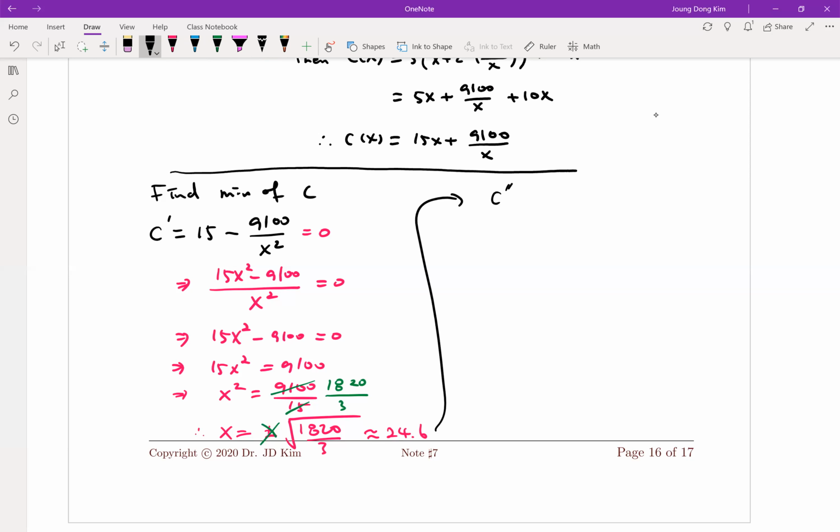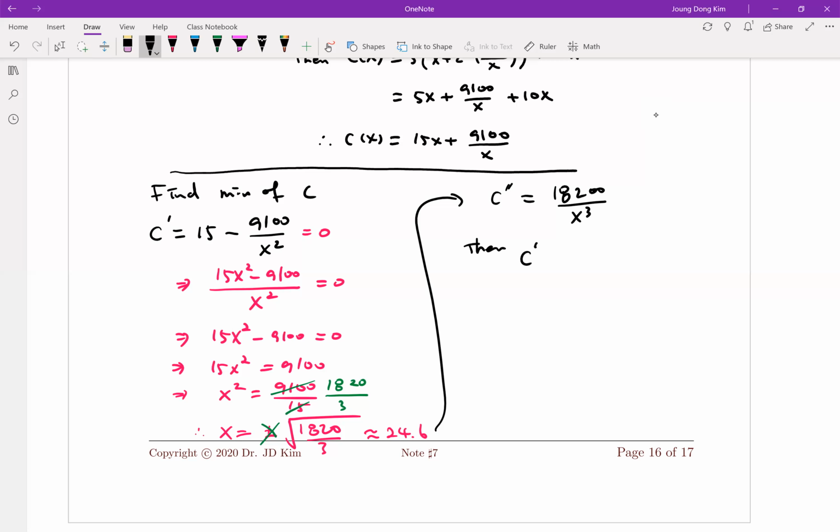The derivative of 15 is 0, and the second part, minus 9,100 over x squared, can be written as minus 9,100 times x to the minus 2. Taking the derivative, the negative 2 comes out, which makes it positive, and doubles the coefficient, giving 18,200 over x cubed.